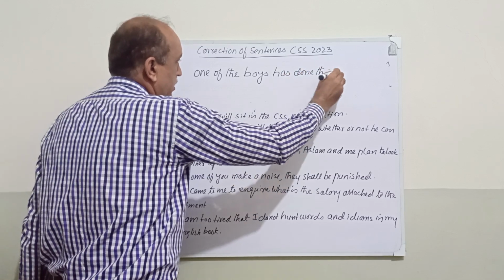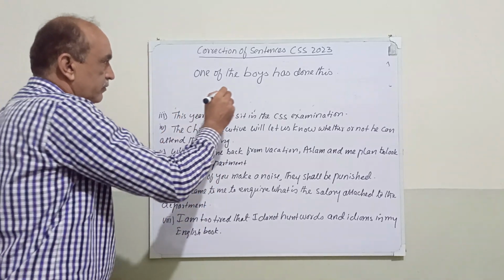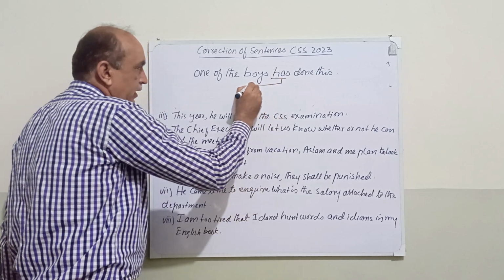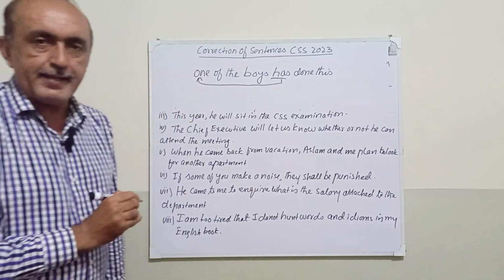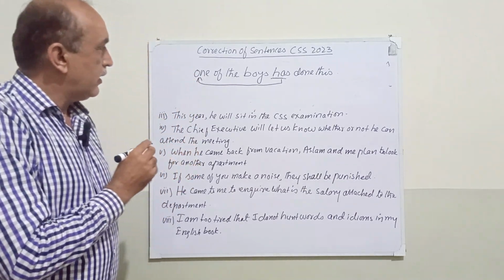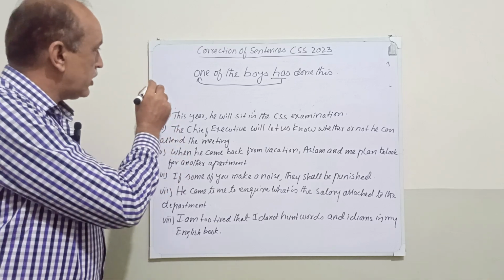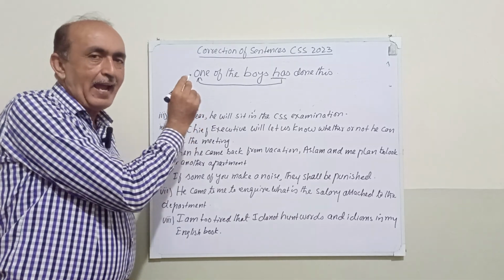Here the verb is singular, because there are many boys, but it is talking about one. Out of many boys, it is talking about one. One of the boys has done this.